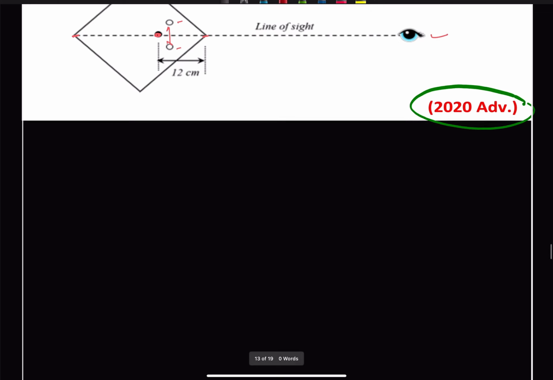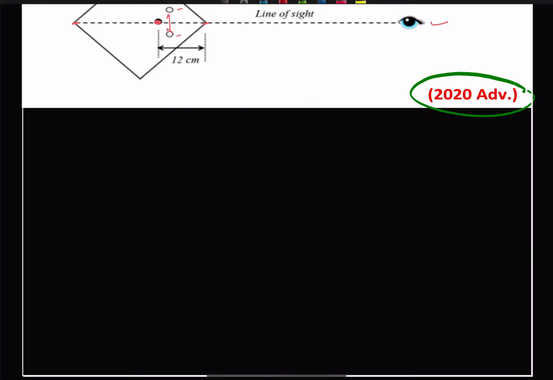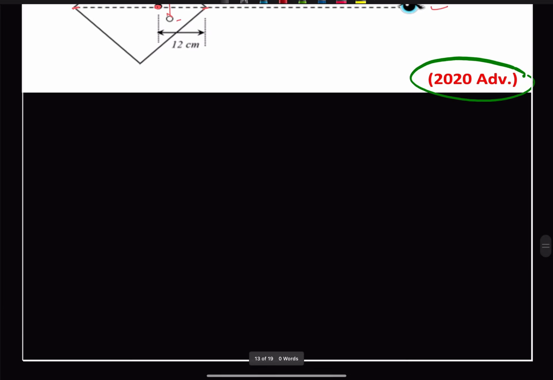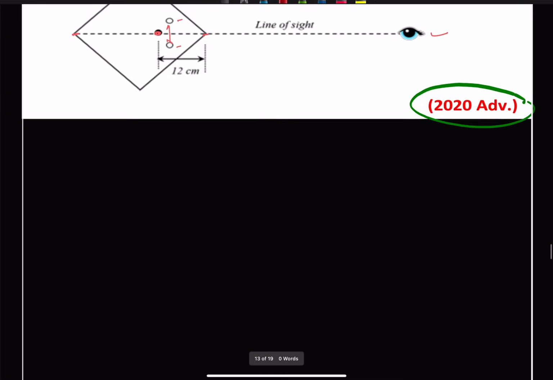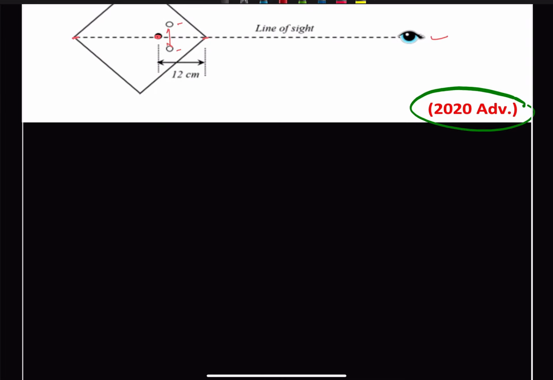And we can just draw this figure for the solution of the question, and we are given that there is an object. We are only interested in this path.